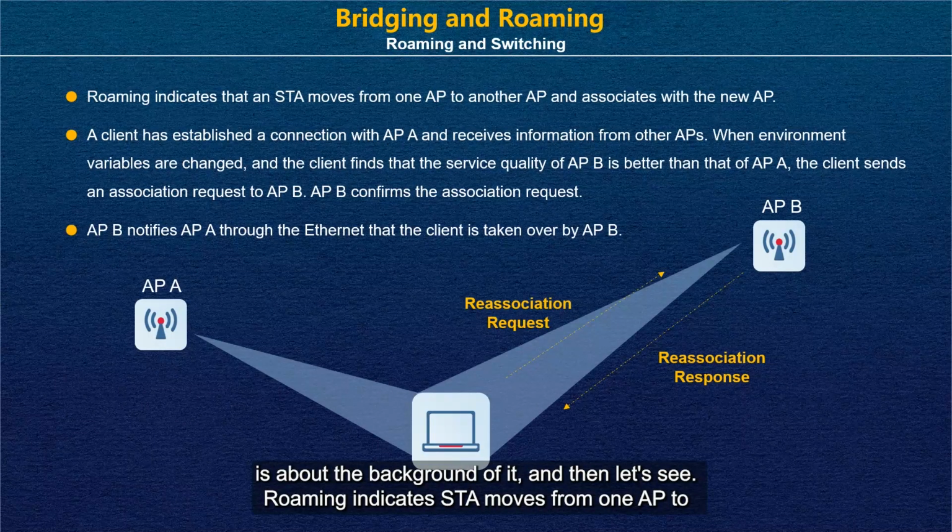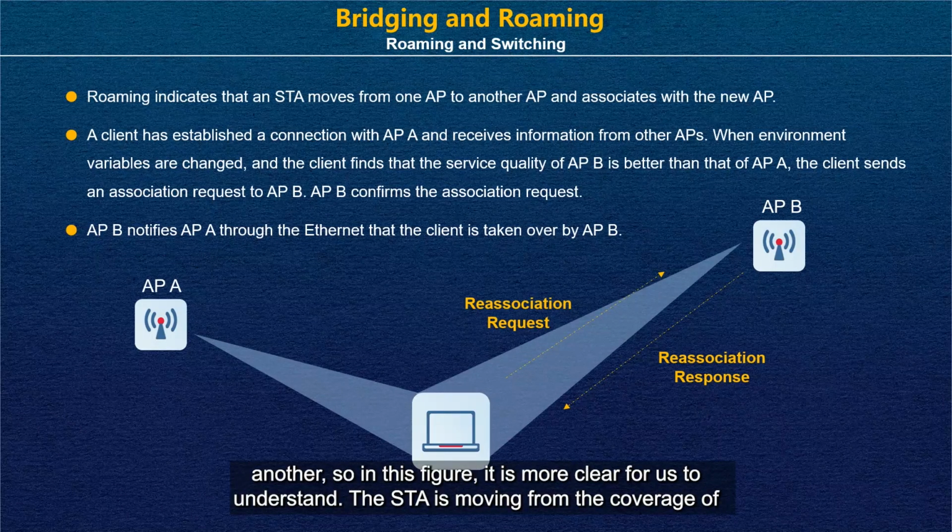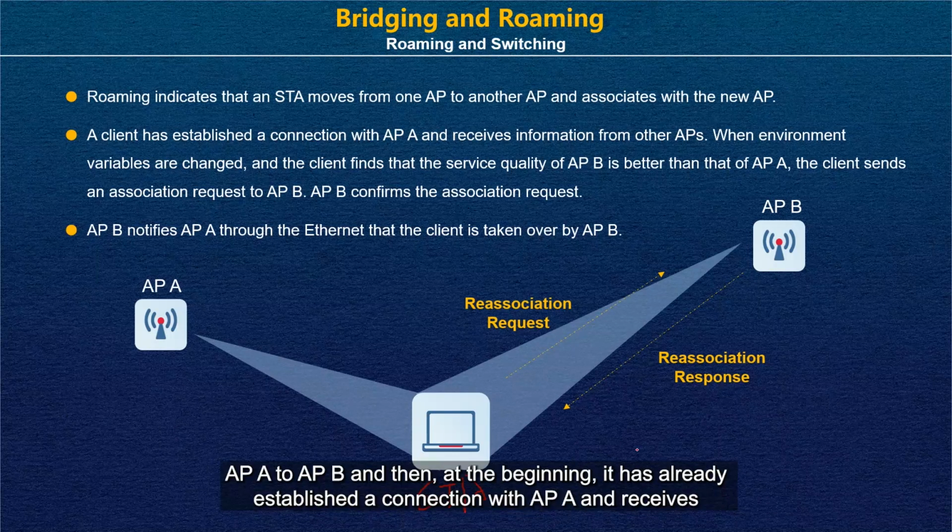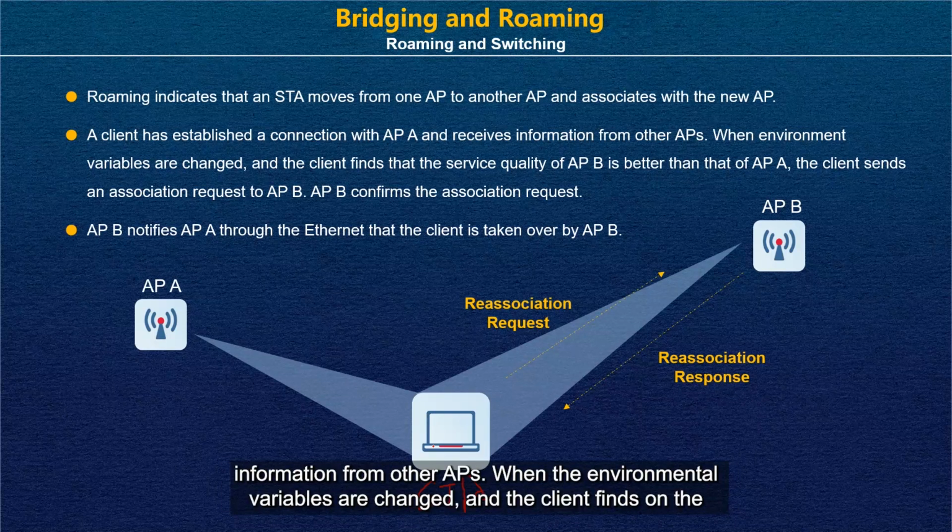And then let's see. Roaming indicates that an STA moves from one AP to another. So this figure is more clear for us to understand. The STA is moving from the coverage of APA to APB. At the beginning, it has already established a connection with APA, and it receives information from other APs.